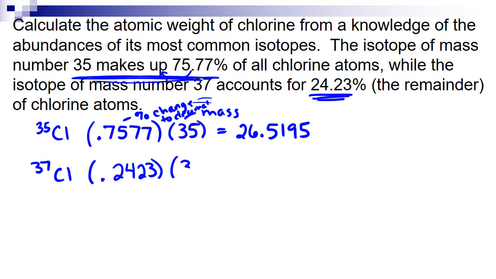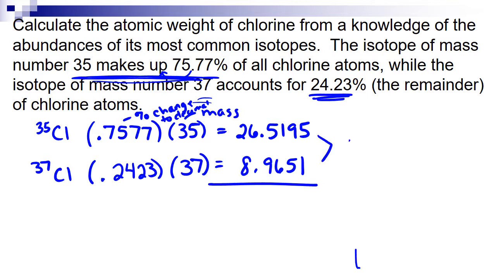We're going to multiply that by its mass, 0.2423 times 37 gives me 8.9651. And then we are going to add these two together.